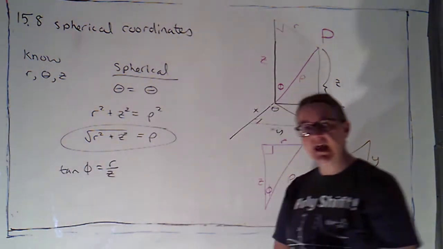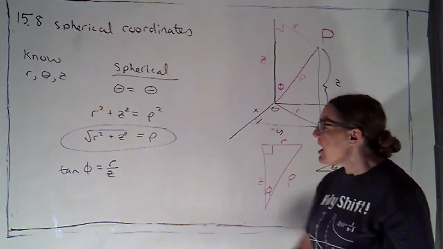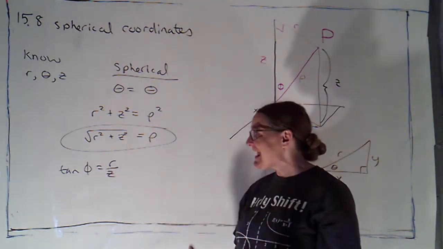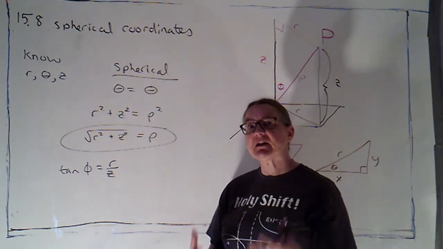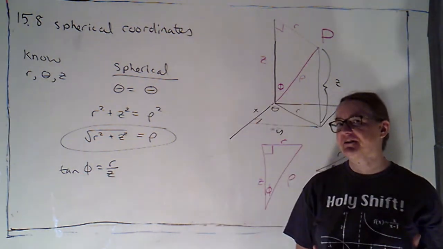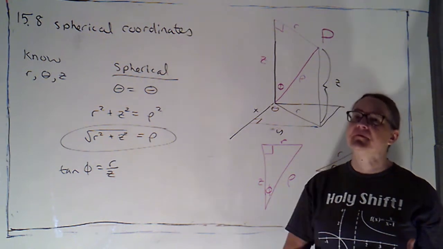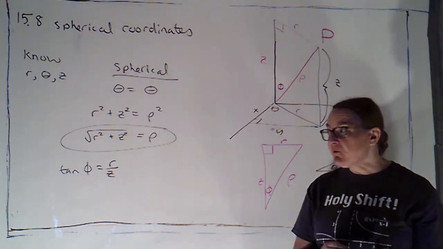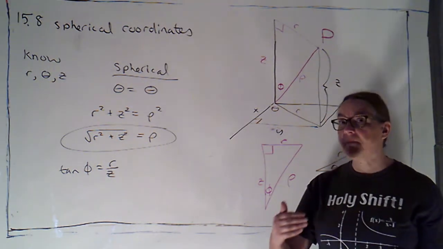That does give me a nice relationship between things. But that's not sufficient for me to be able to solve for phi, because I can't take inverse tangent, because the range of inverse tangent is from negative pi over 2 to positive pi over 2. I want phi to be between 0 and pi.